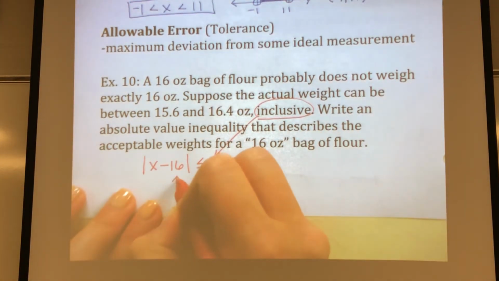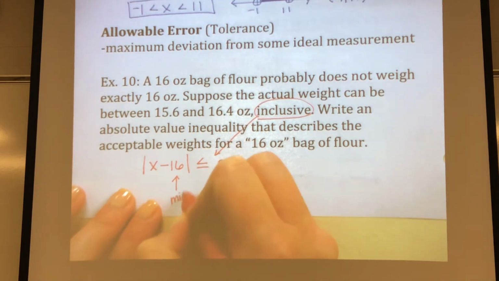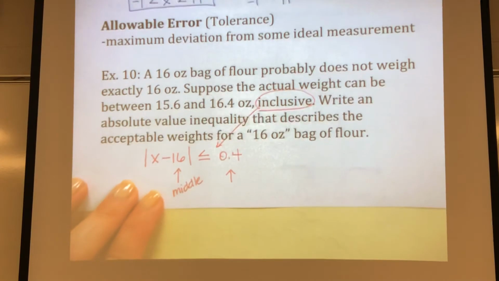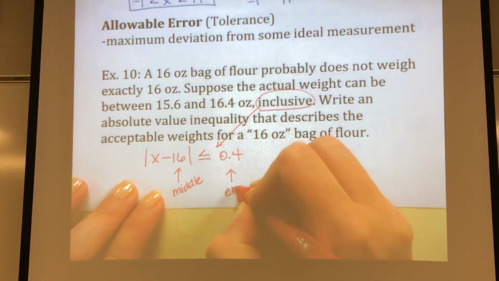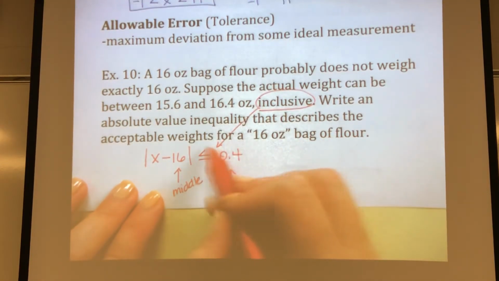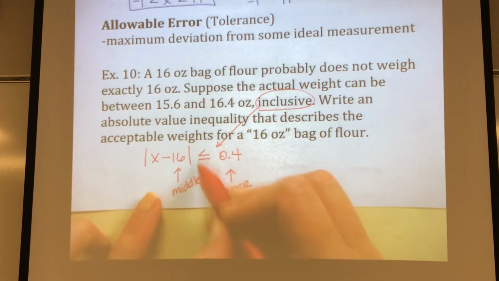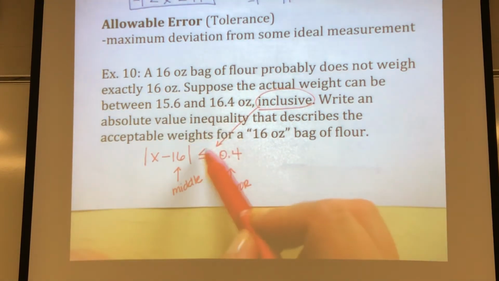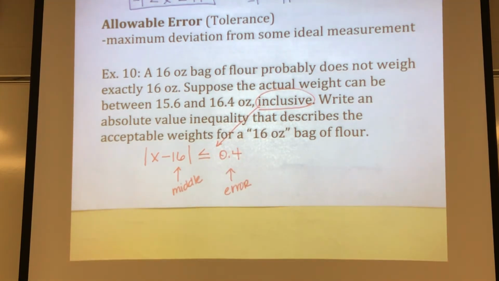So just kind of recapping, the 16 is our middle number that we're shooting for. The 0.4, that's the allowable error. And then because we want the values in between, we want everything between 15.6 and 16.4 is a less than. Inclusive gives us the equal to.